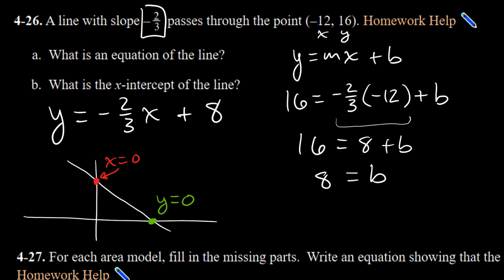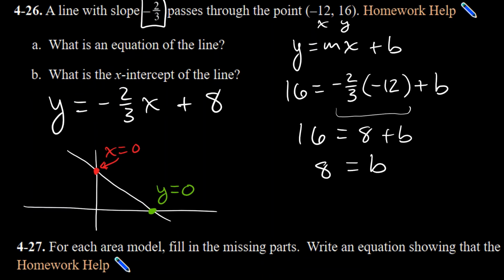If I want to know the x-intercept, I have to set y equal to 0 and solve for x. And if I want to know the y-intercept, I would set x equal to 0 and solve for y, which would be easy because I just get 8.